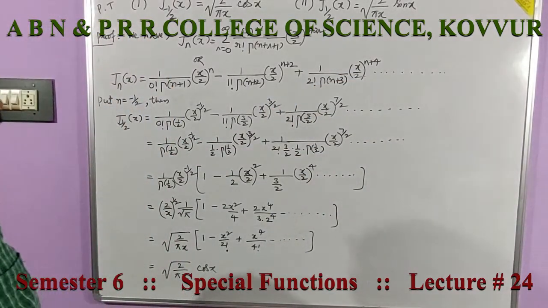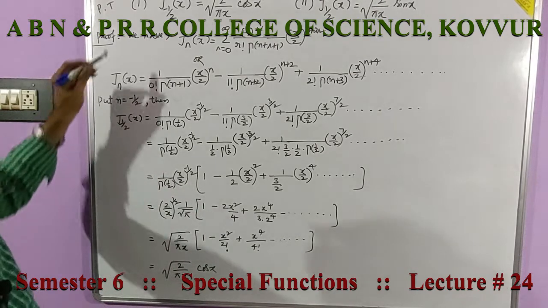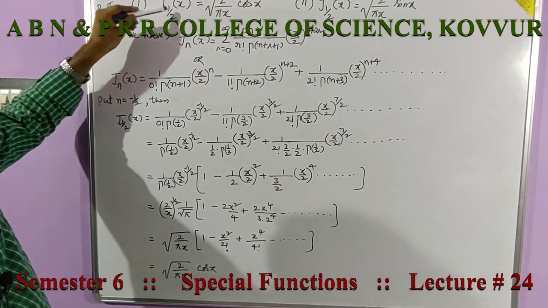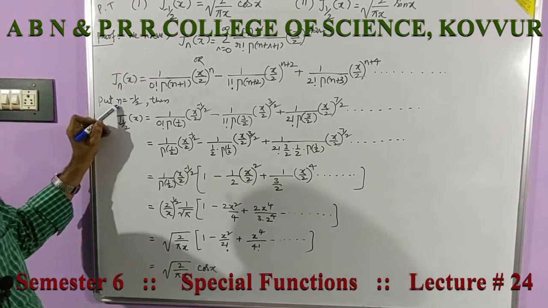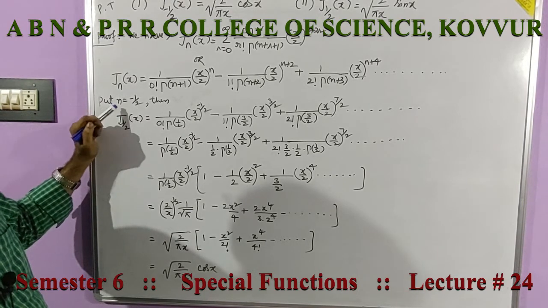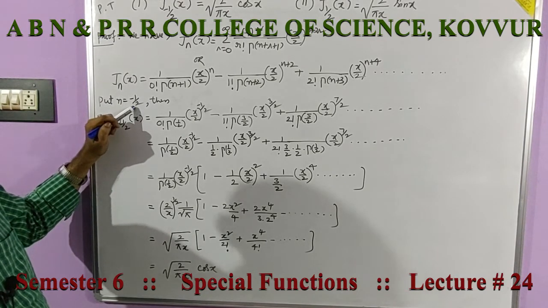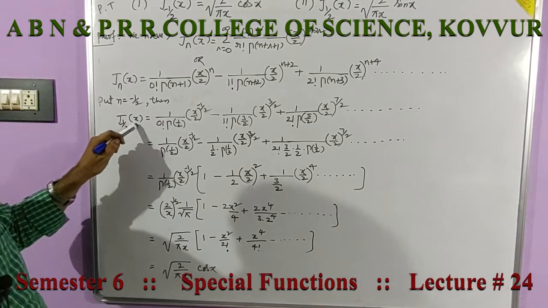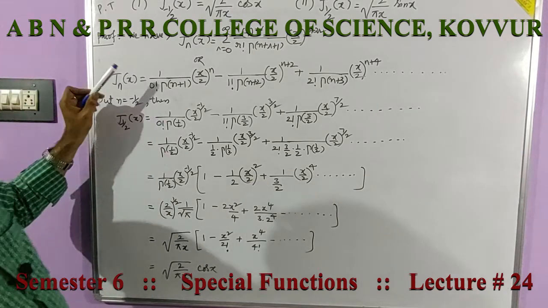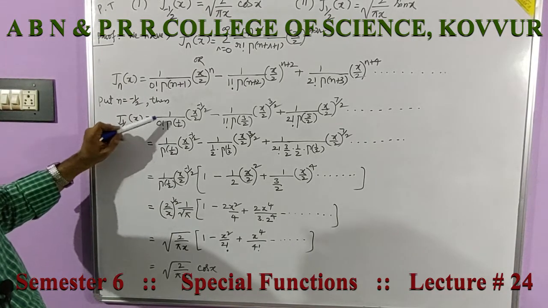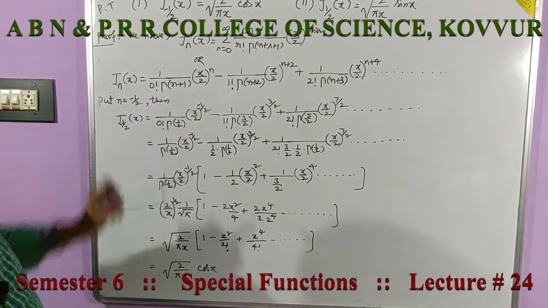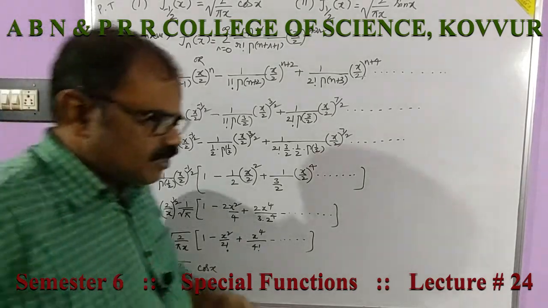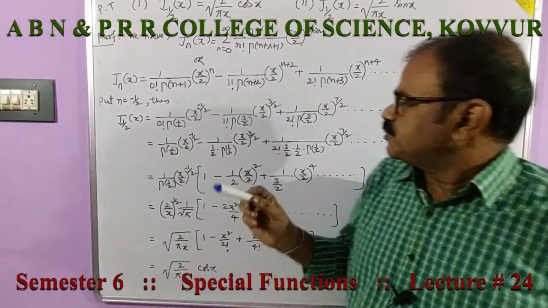Let us find the J minus 1 by 2 of x. Put in place of n, minus 1 by 2, then what you get? J minus 1 by 2 of x is equal to 1 by 0 factorial gamma minus 1 by 2 plus 1. What is minus 1 by 2 plus 1? That is 1 by 2.